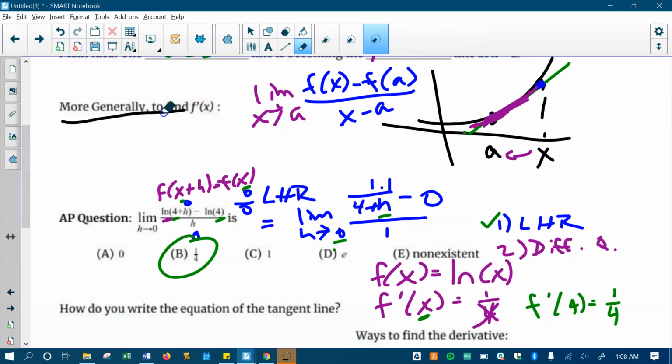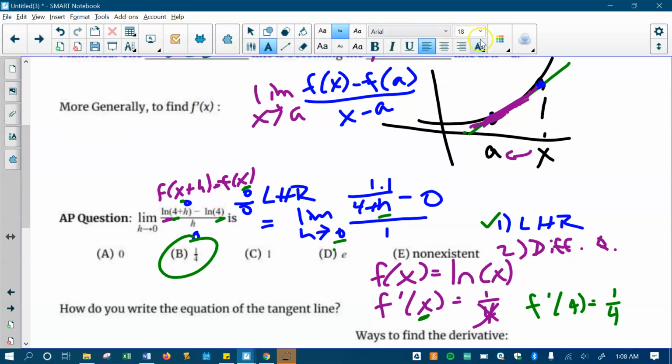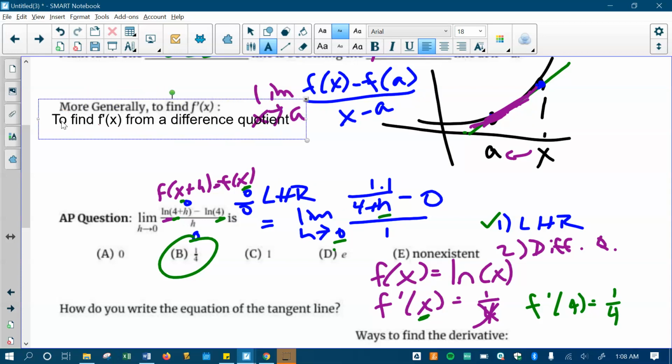To find f prime of x, and we'll type because goodness knows my handwriting could use some work. To find f prime of x, I'll move that in a second.